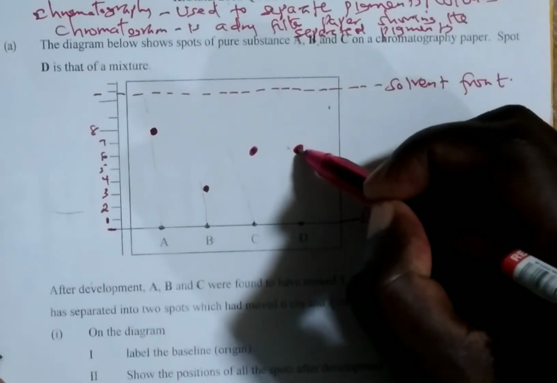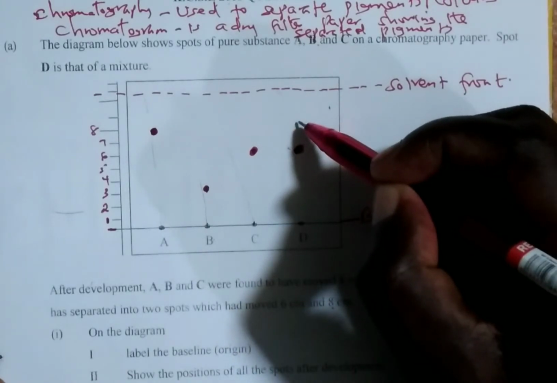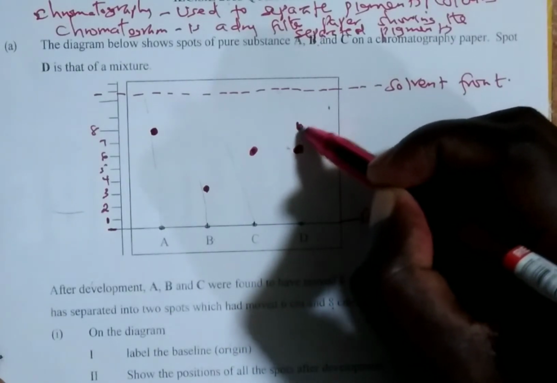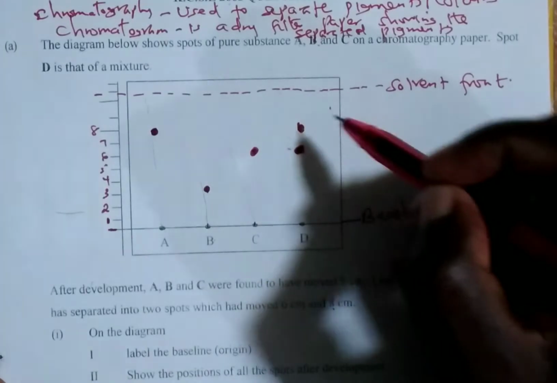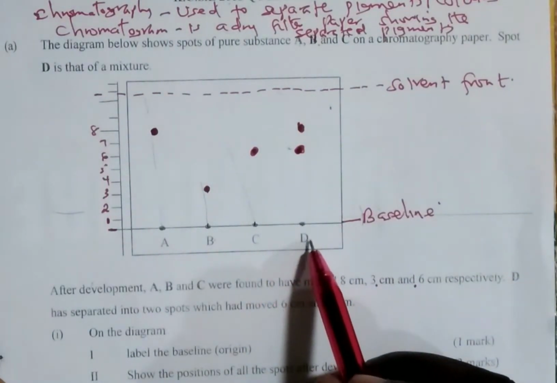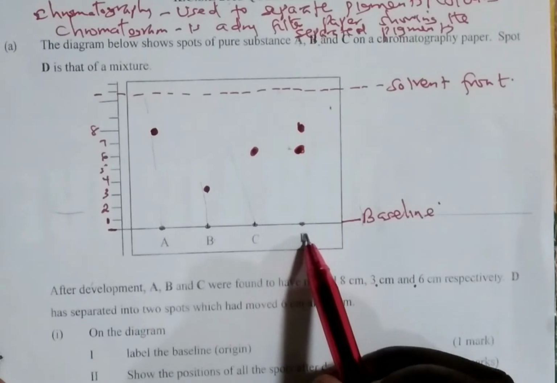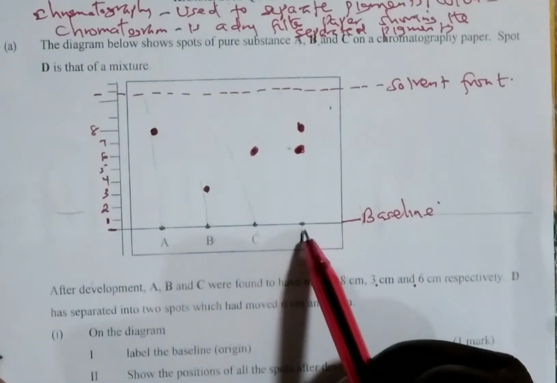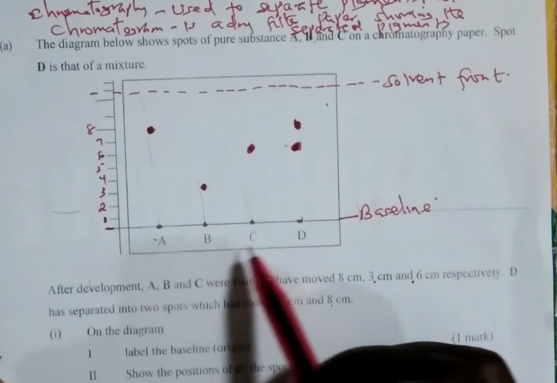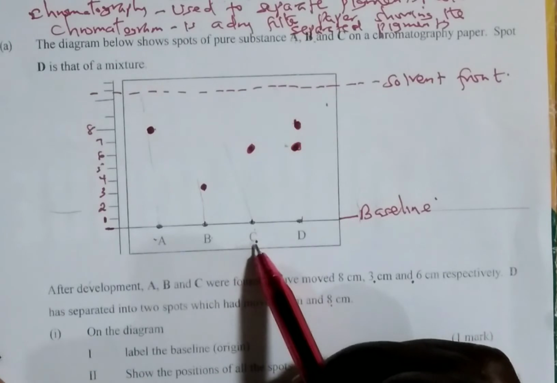So we have one moving 6, another one moving 8 centimeters. That means D, which contains 2 spots, one moved the same distance as C and the other one moved the same distance as A, meaning A and C are the components of D.